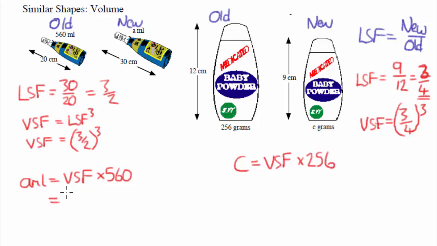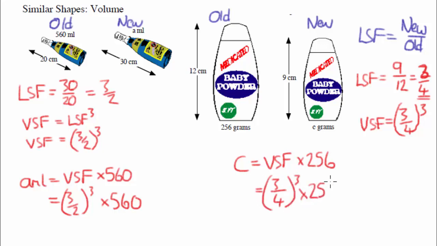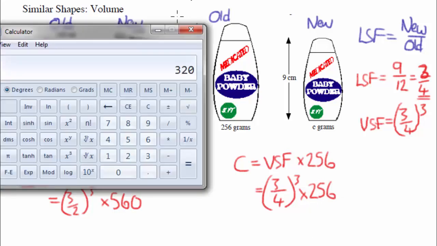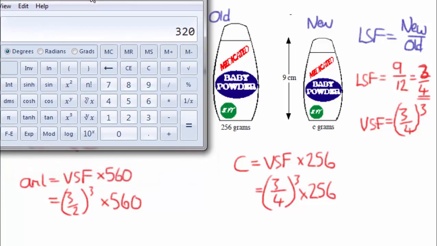Okay, so that is 3 over 2 cubed times 560, and that is 3 over 4 cubed times 256. So let's see if I can put this in a calculator, or it all goes pear-shaped. So let's have a wee look here.